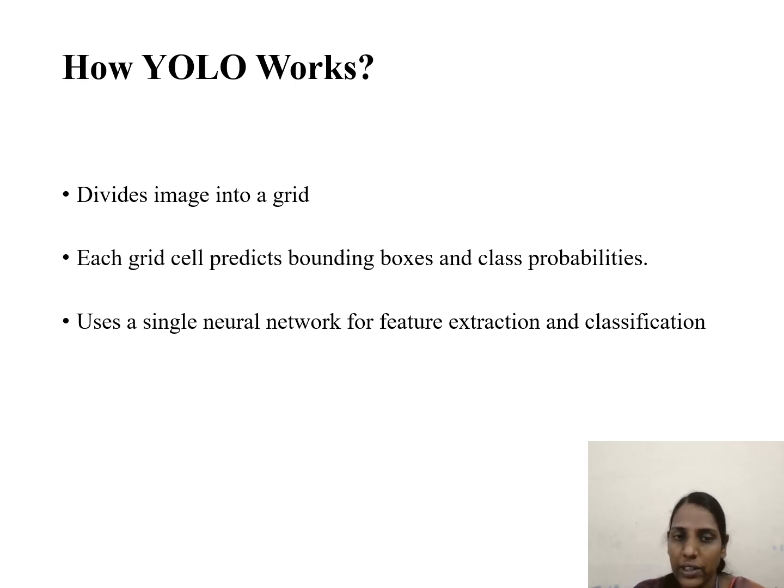Next, each grid cell predicts bounding boxes, with a probability score indicating whether an object is in that region or not. Then we use a single neural network, only one pass, for feature extraction and classification.